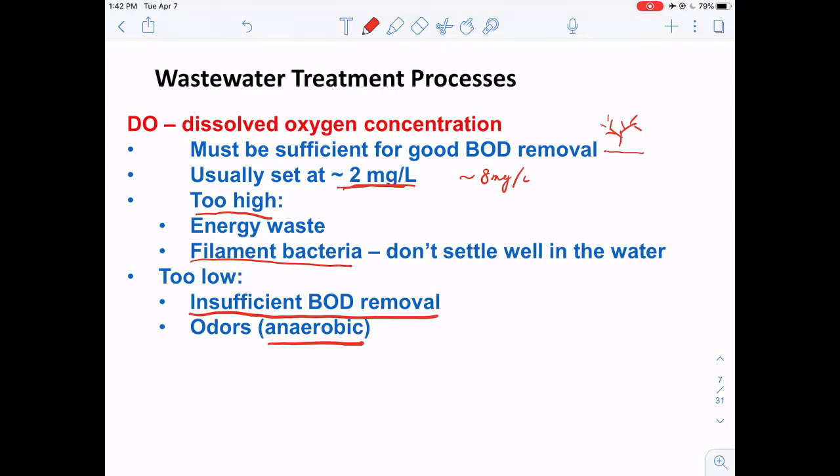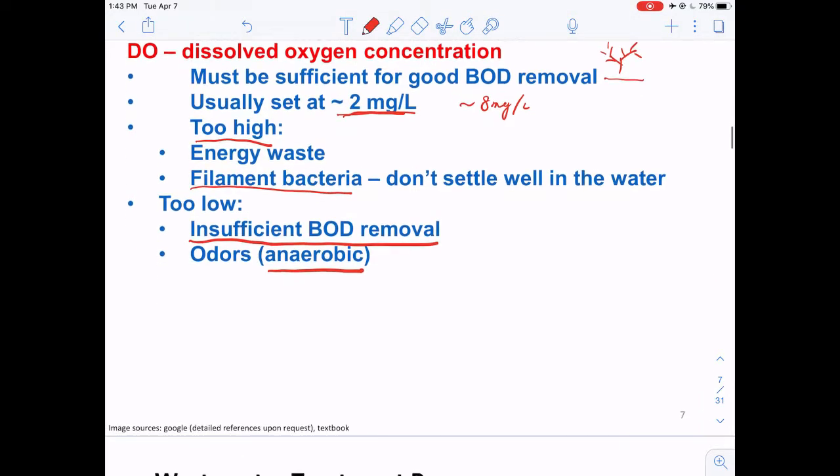And we mentioned that anaerobic decomposition generates a lot of volatile organic species, which generates a lot of odors. If we don't want complaints from the neighbors nearby the wastewater treatment plant, we have to maintain the DO concentration at a relatively high value.